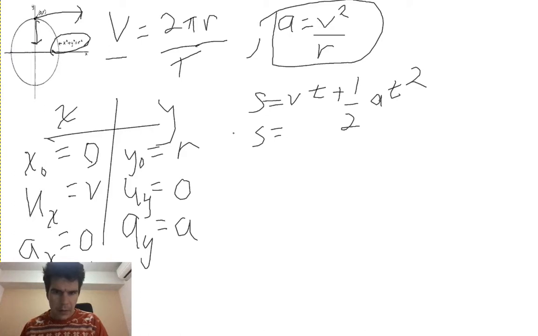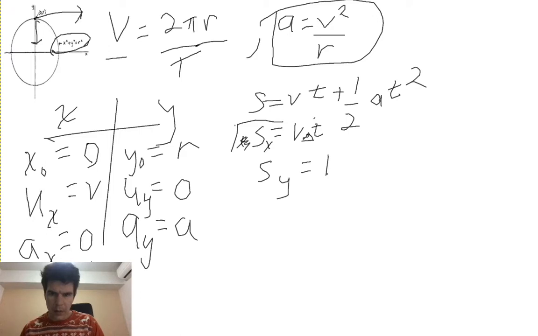So in x, s equals v delta t, and in y, s equals 1/2 a delta t squared, plus r.